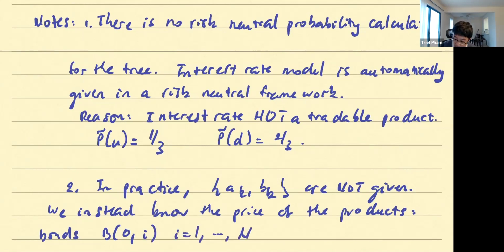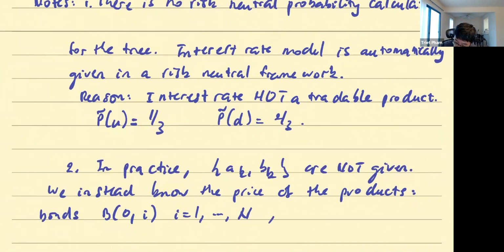We know the price of interest rate caps and floors. And if necessary, we also know the swap rate. But I think the swap rate is already kind of implied by the bond, as you will see.